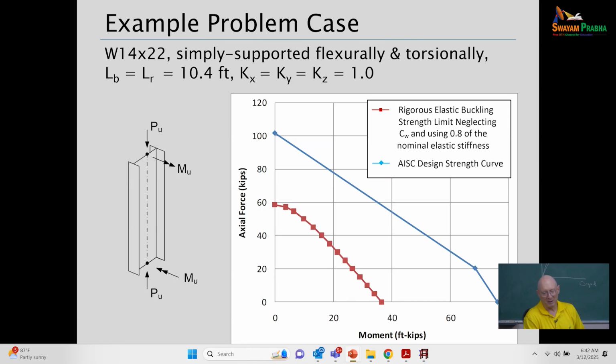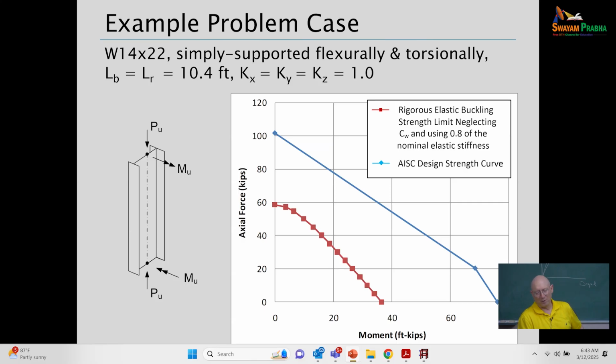What this plot here is showing is if we take a very basic W14x22 that's a little more than 10 foot long and simply supported torsionally and flexurally at its ends, and we look at a rigorous elastic buckling solution, neglecting the warping rigidity, the cross bending of the flanges, and using a 0.8 stiffness reduction from the direct analysis method, the strength that we would get from theory, neglecting warping effects, would be the interior red curve there.